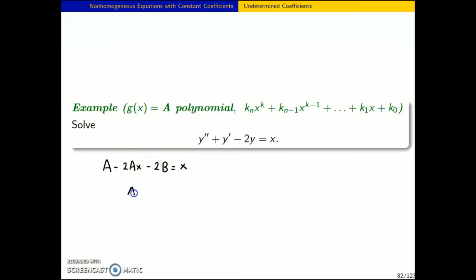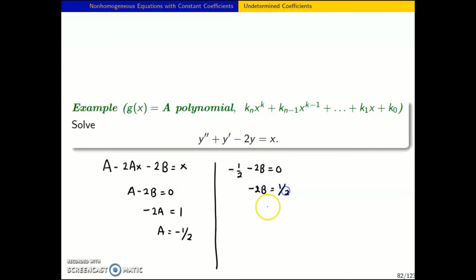Okay, so we have a minus 2b equals 0, and then minus 2a equals 1. So a equals negative half. Substituting a equals negative half inside here, we will have negative half minus 2b equals 0, negative 2b equals half, b equals negative 1 over 4.